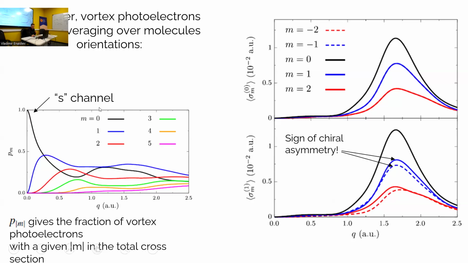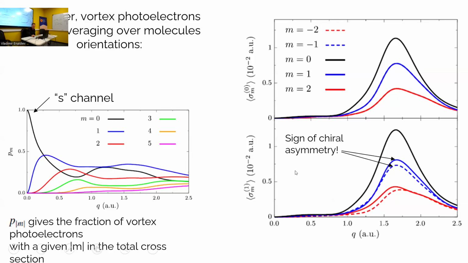But when energy grows, there is a non-zero, like 1/2, contribution from photoelectrons with vorticity. It means that actually vortex photoelectrons are produced by such a photo effect massively.